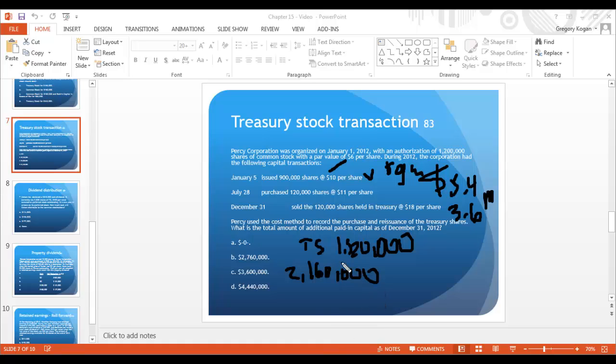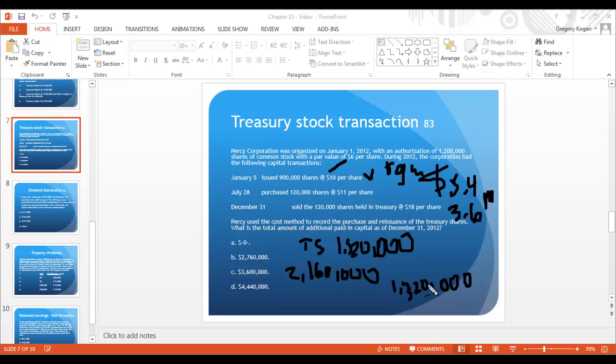Well, we only had 1,320,000 in there, so we get rid of that much, because that's all we had, right? So the rest, as we talked about in the other video, is going to be your additional paid in capital, treasury stock transaction account. And that's sort of like a gain.